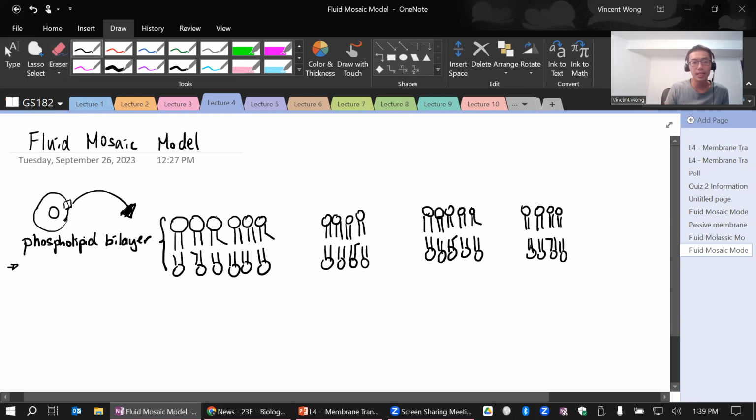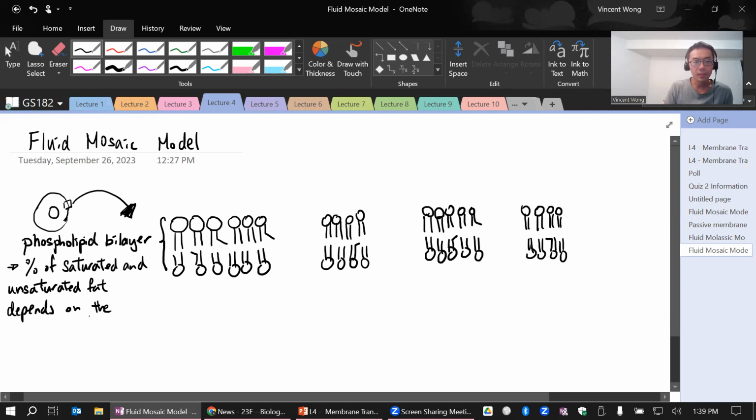Hydrophilic heads facing outside, and then the hydrophobic tails are sandwiched between, right? The percent of saturated and unsaturated fat depends on the cell environment.